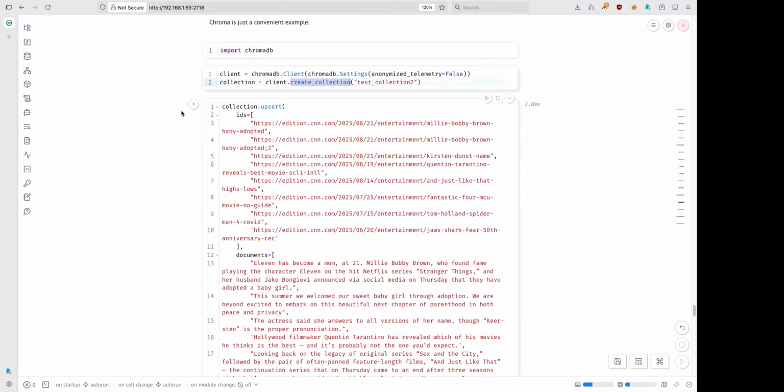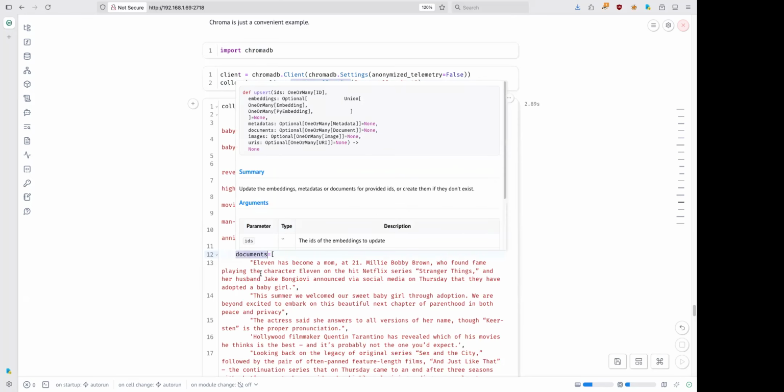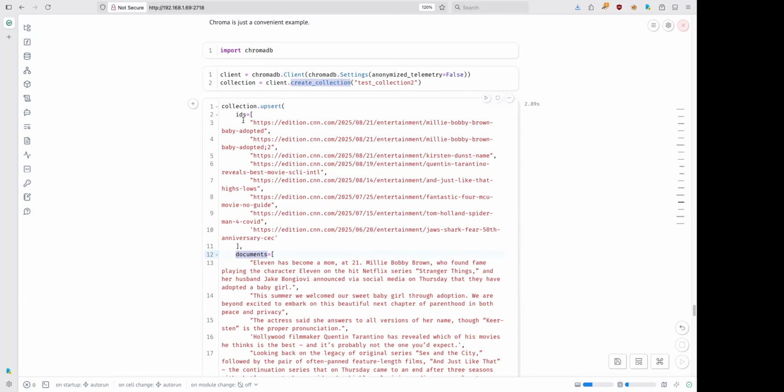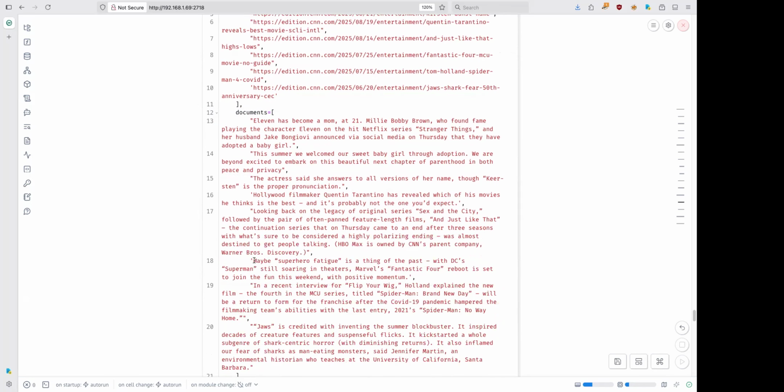And then we insert some data into the table. We say, okay, we have the following documents, and each document has a corresponding ID. In this example, the documents are news articles taken from the corresponding URL from CNN. So here we have some news about celebrities.